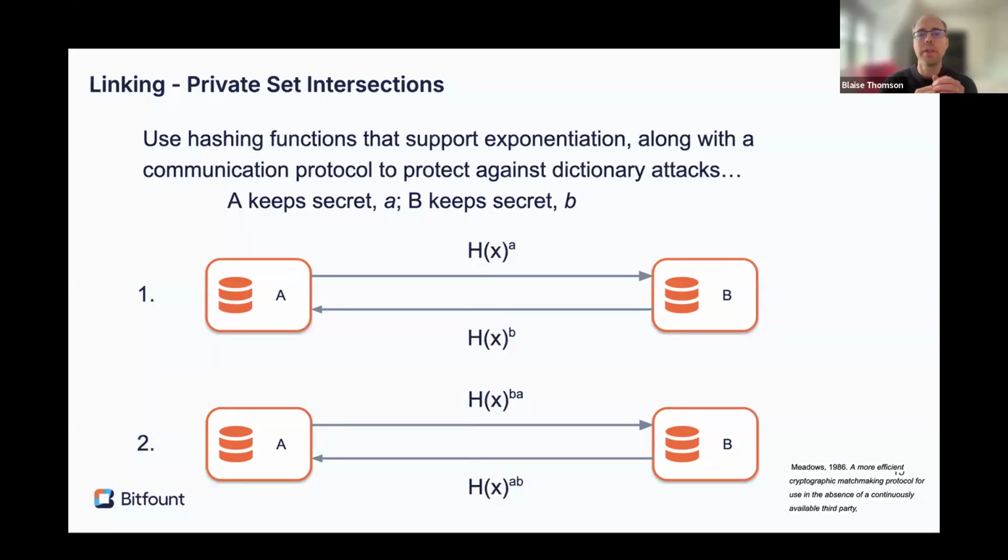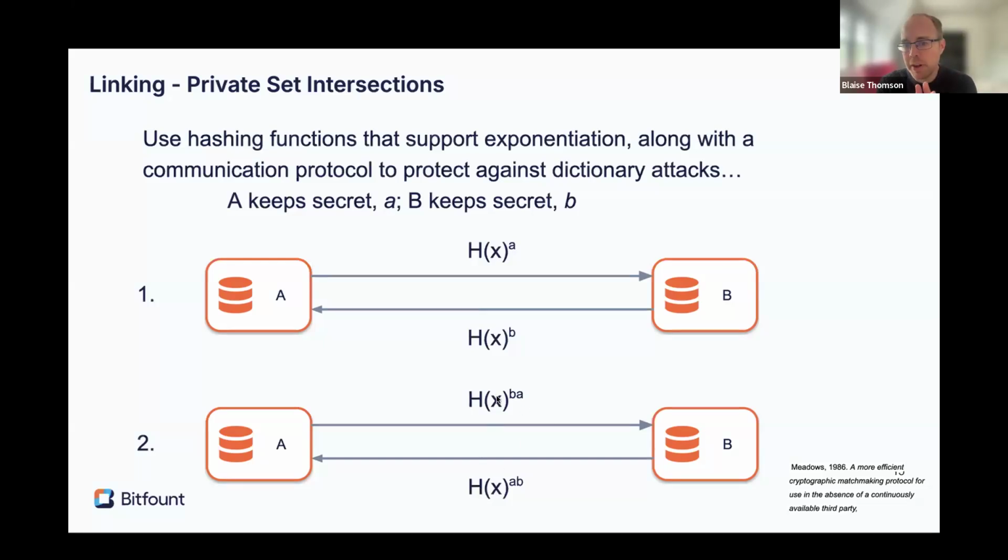And so what the solutions tend to do is they do two times the communication. So let's say we're trying to calculate the overlap between datasets in A and B. Then A will send over a hashed form with its salt applied, and B will send its hashed form with its salt applied. And then both sides apply their hash again to the other side's hashed code.